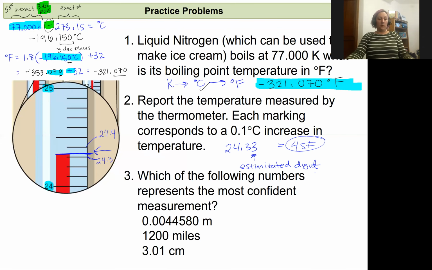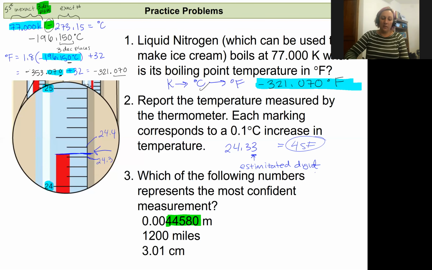All right, last one. Which of the following numbers represents the most confident measurement? Well, let's go through and let's determine how many significant figures are in each. So in my first value, I'm ignoring my preceding zeros because they are placeholders. So I'm going to start looking at my non-zero numbers and then after that. And there's a decimal, so that 0 that follows will be significant.